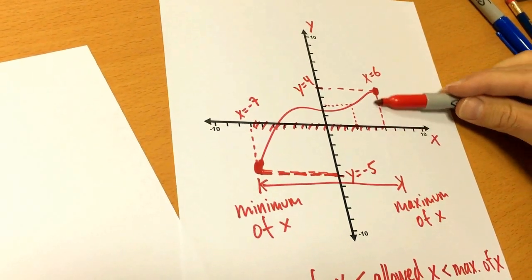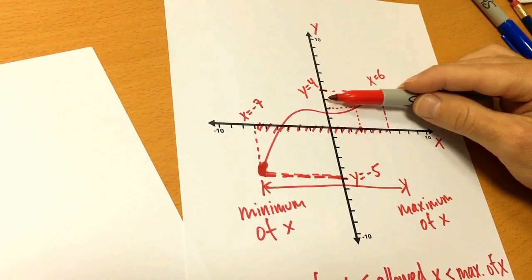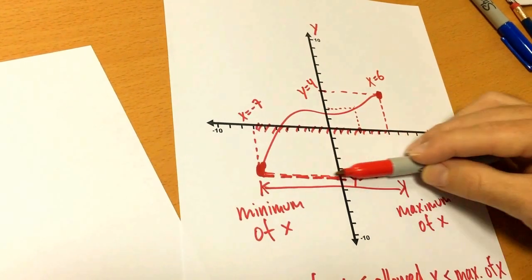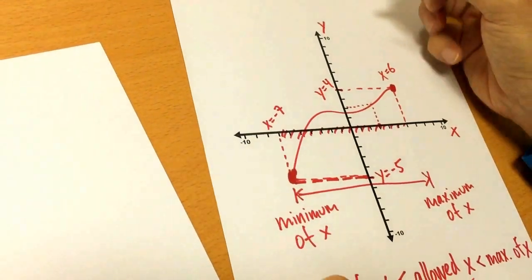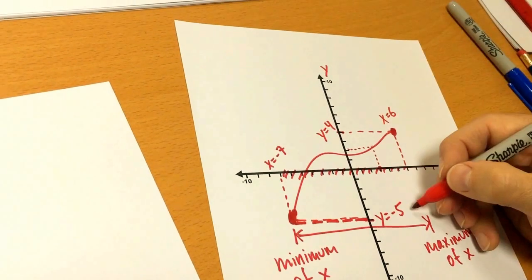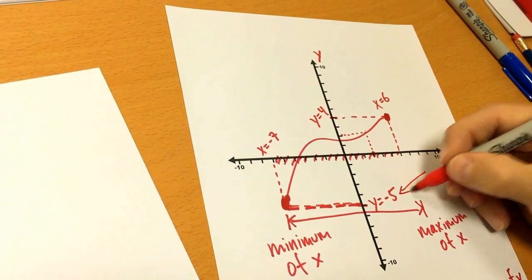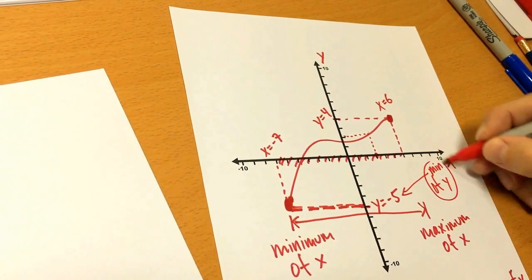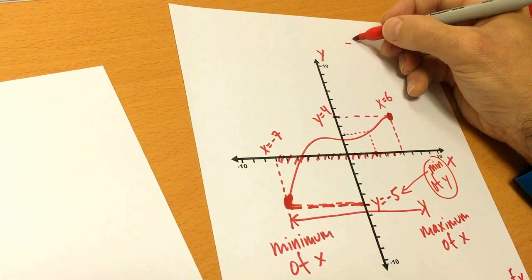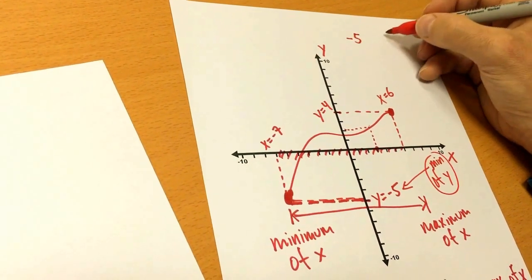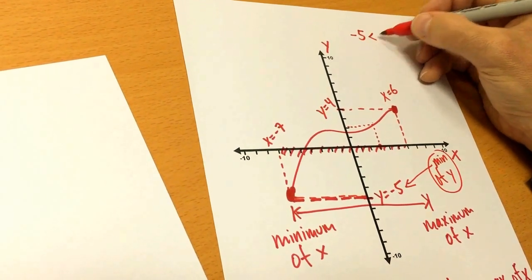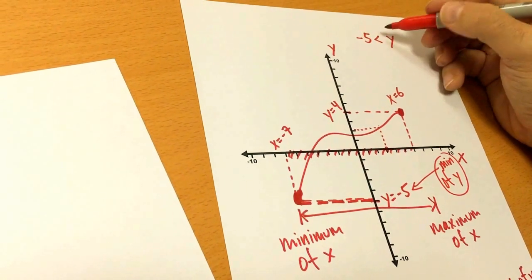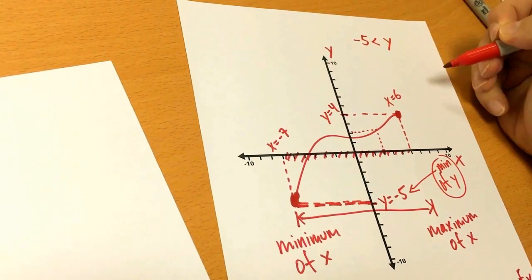So the largest possible height here is 4, and the smallest possible height, let's say depth if you want, as we go downwards, it's -5. So the range in y, well, the minimum of y is -5. All the other y values are larger than that. So y larger than -5. You can also turn it around and say -5 less than y.